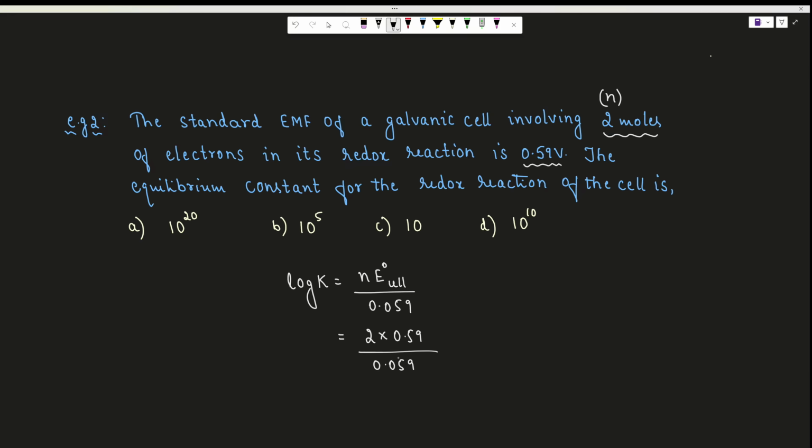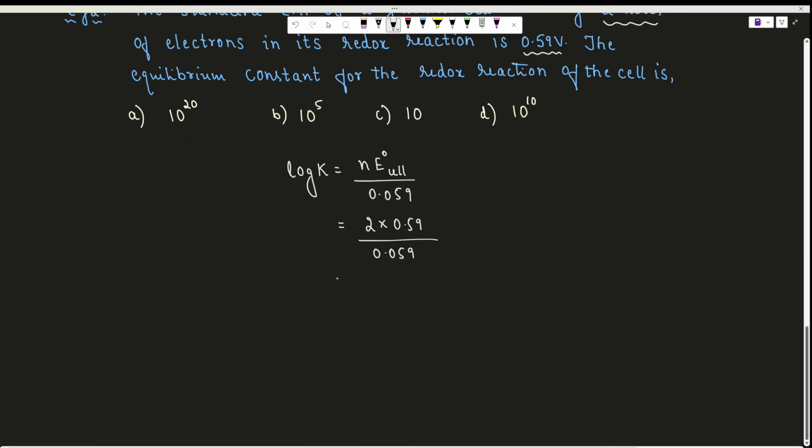So you can cancel 0.59 and 0.59. When 10 power minus 1 goes up, it becomes 10 power plus 1. So 2 into 10 becomes 20. So log K equal to 20.